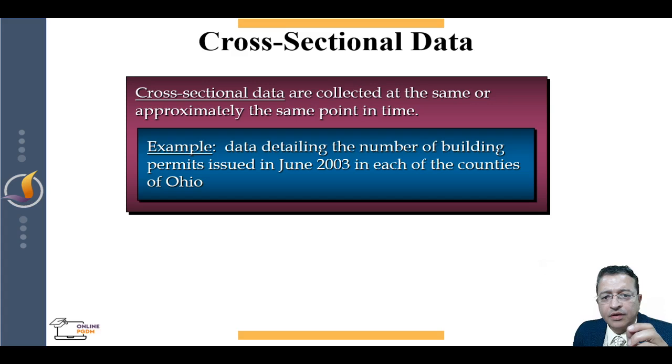The difference is on the basis of whether data is collected at the same point in time or at many points in time. If it is the same point in time, we are talking about cross-sectional data. If it is at several points in time, we are talking about time series data. In case of cross-sectional data, suppose I ask you the sales of 10 companies in a particular year, let's say 2020. Then data is collected at one point of time, and this data set would be known as cross-sectional data.